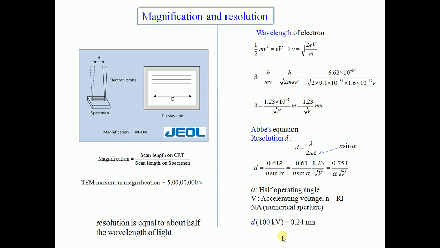So, for 100 keV, for example, the resolution is 0.24 nanometer. Now you can put, say, 1500 kV in the case of high voltage, and therefore resolution increases. High voltage transmission electron microscopes are needed to increase the resolution. Here is the answer why resolution increases.